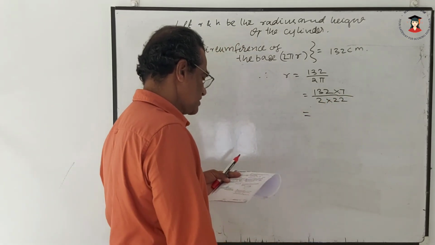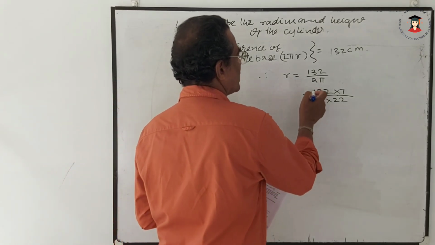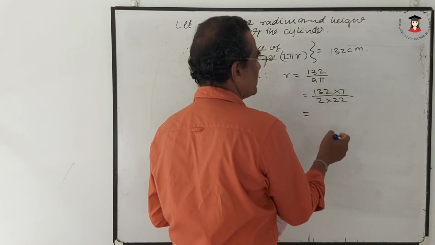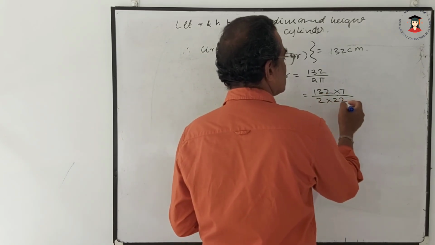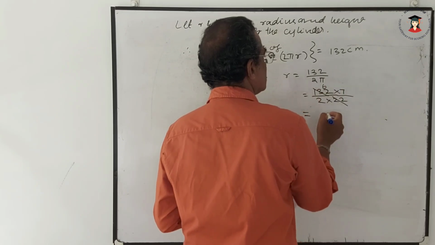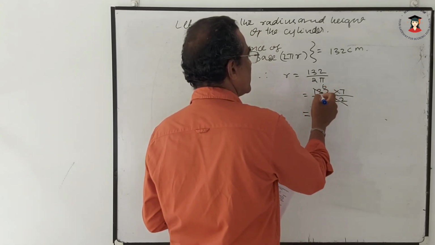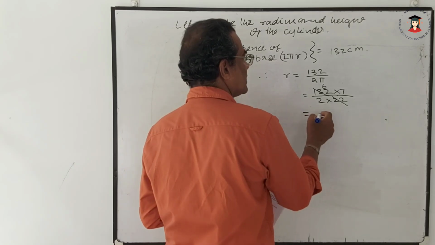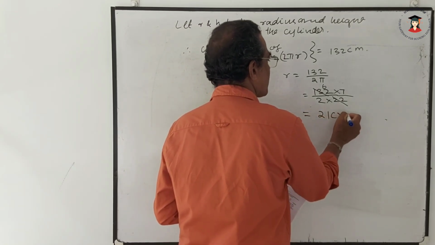On simplification, 132 and 22 can be divided. I think it is 6. This is 120. Yes, we will get 6 here. 2 and 6 can again be divided by 3. So r we will get as 21 centimeter.